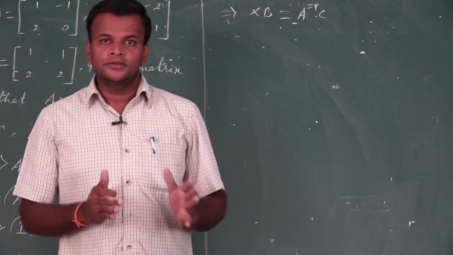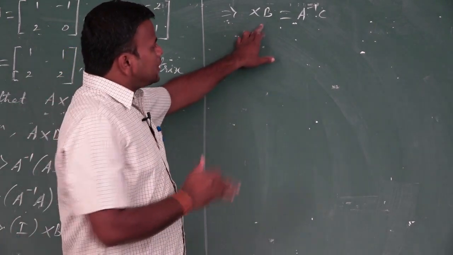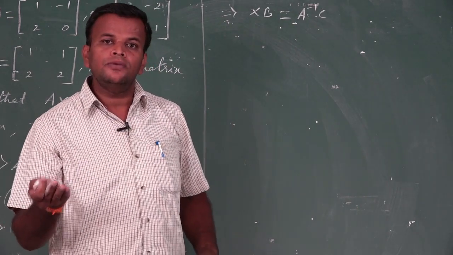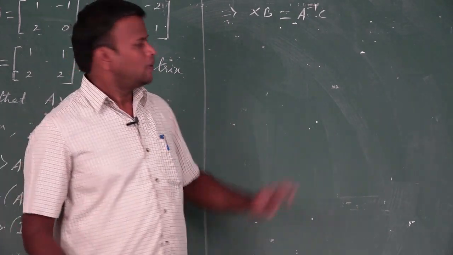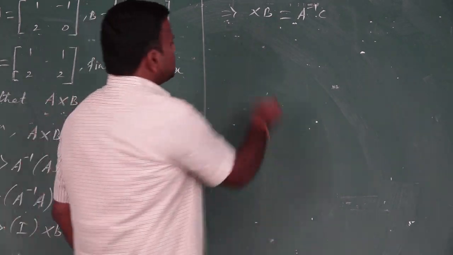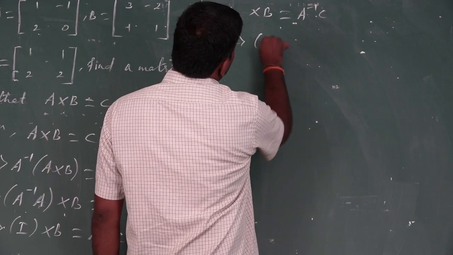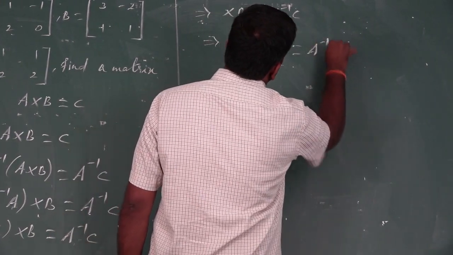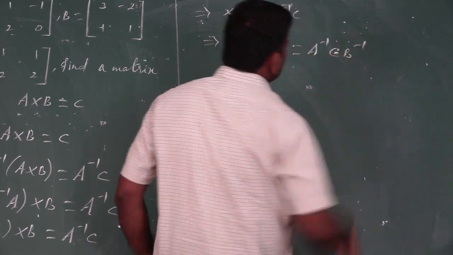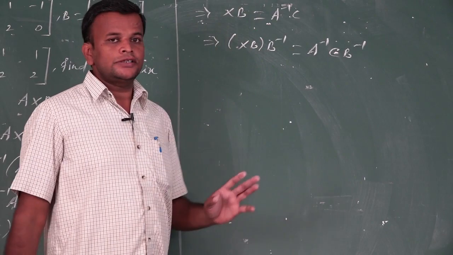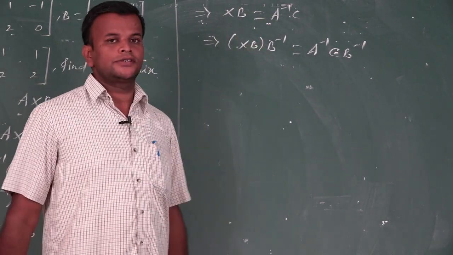We do the same method. But B lies on the right hand side of X in the LHS, so we post multiply its inverse on both sides. What is the inverse of B? The inverse of B is B inverse. So we post multiply B inverse on both sides. Because B lies on the right hand side of the LHS, I post multiply B inverse.